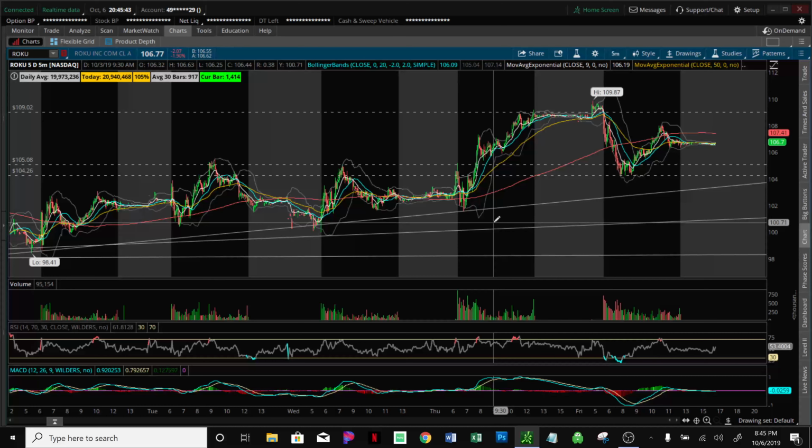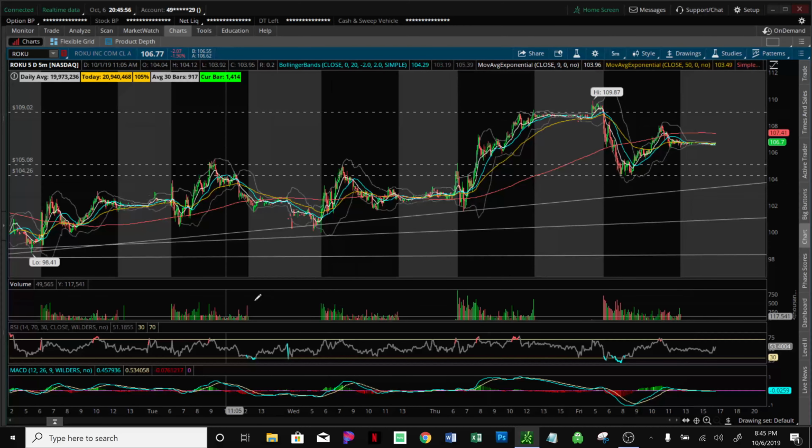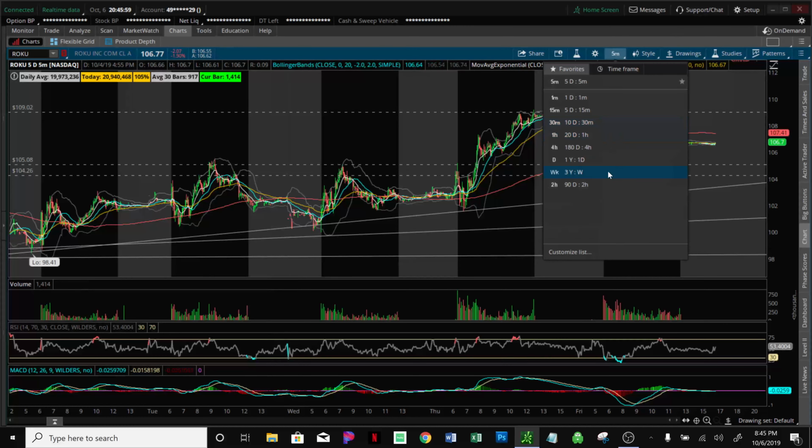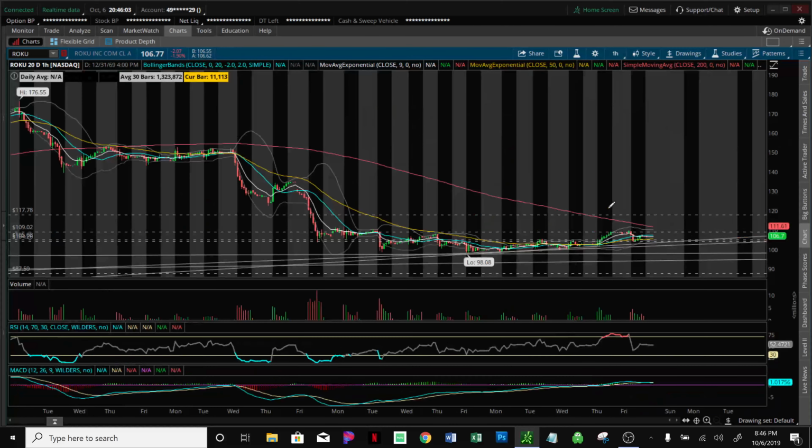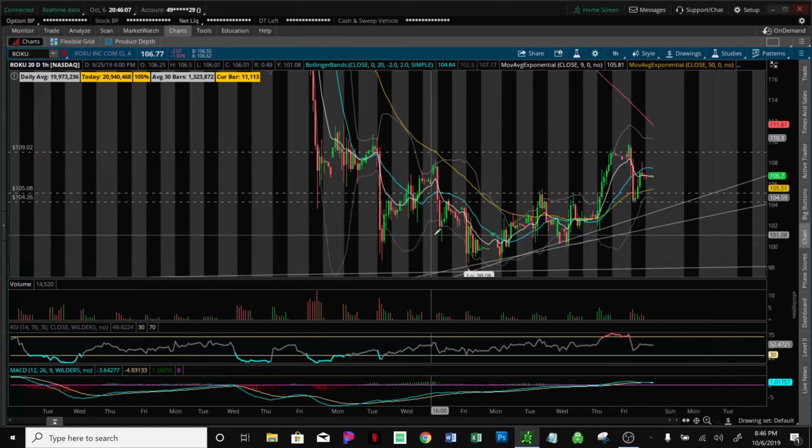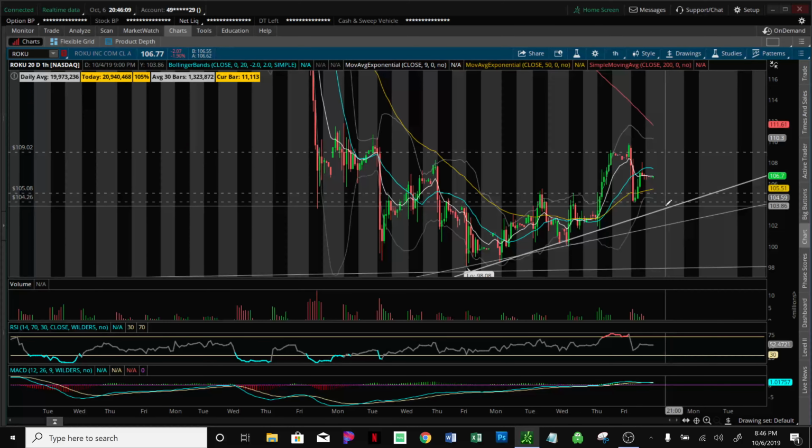I mean, if you're a day trader looking for a quick scalp trade, you can try to play a move off one of these spots and a move up to the 109. If you're looking for a longer term swing trade, maybe you're more comfortable waiting for this trend line to see how that develops and get a confirmation off of that trend line.